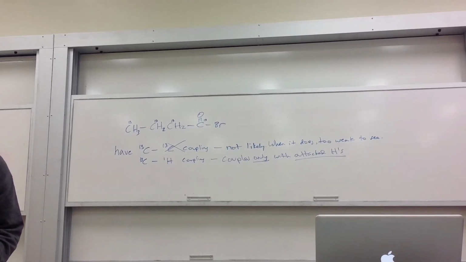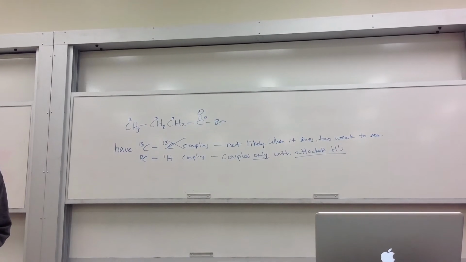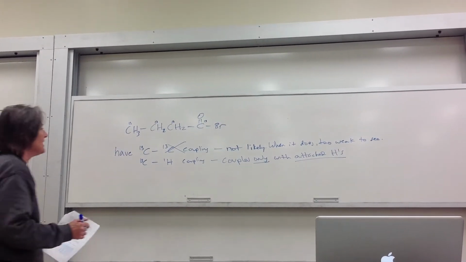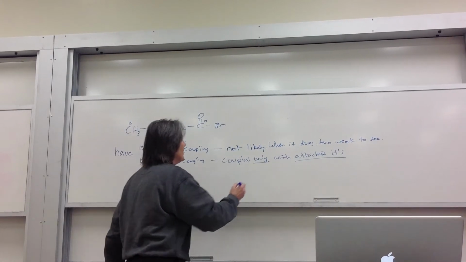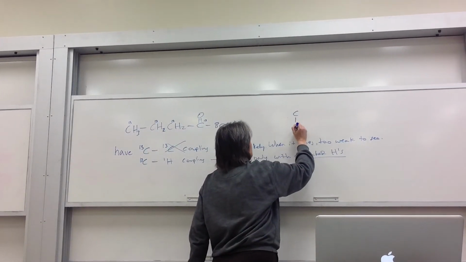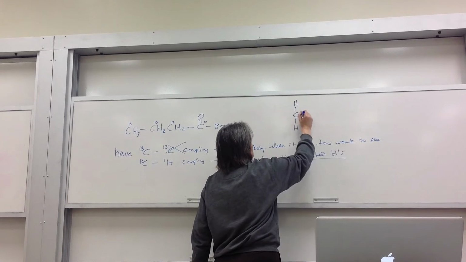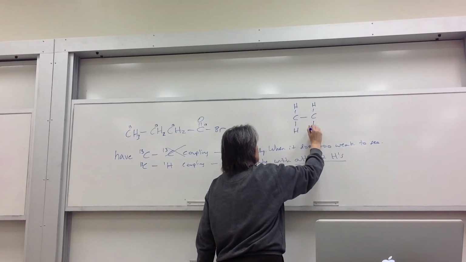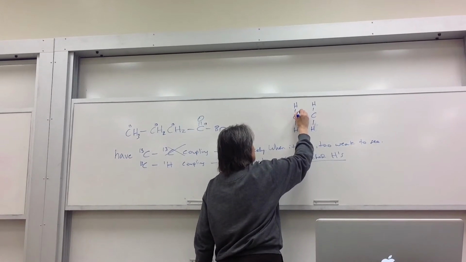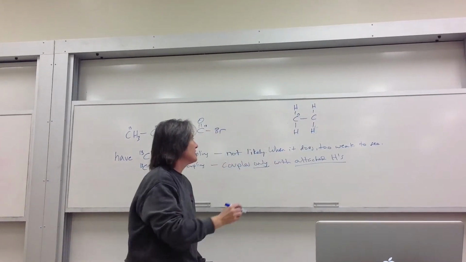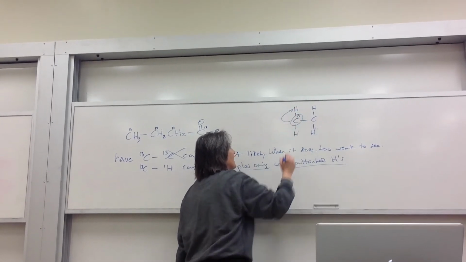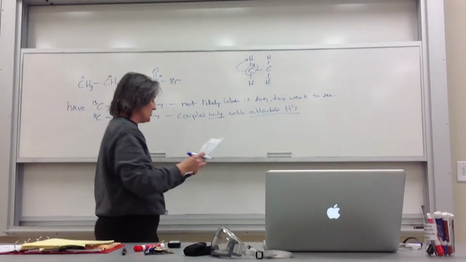So, let's see, I've got a number here I want to give you. With the attached hydrogens, I'm going to give you some numbers here. And then we'll look at the neighboring ones. So here's our C13 right here. We're going to focus on this center guy. Coupling with the attached hydrogens, the coupling constant is pretty big.